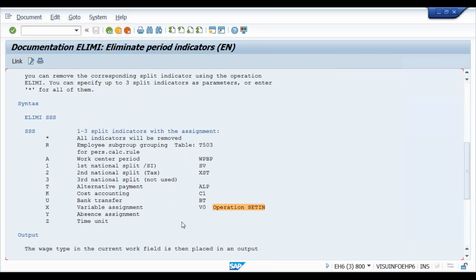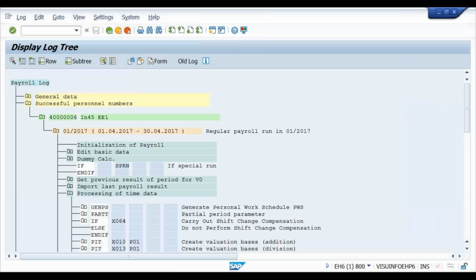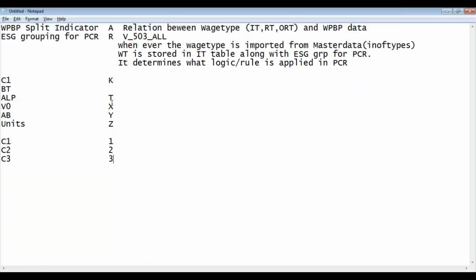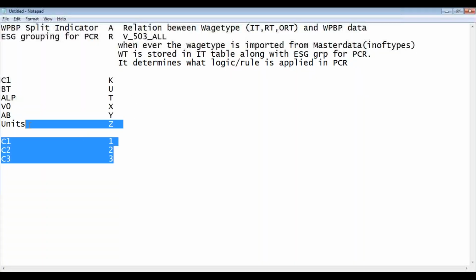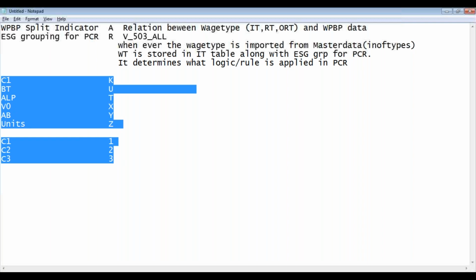Here you see the split indicators. Cost center is U. Sorry, bank transfer is U. So forget about this. Do not worry about these things. We are going to work on it later.